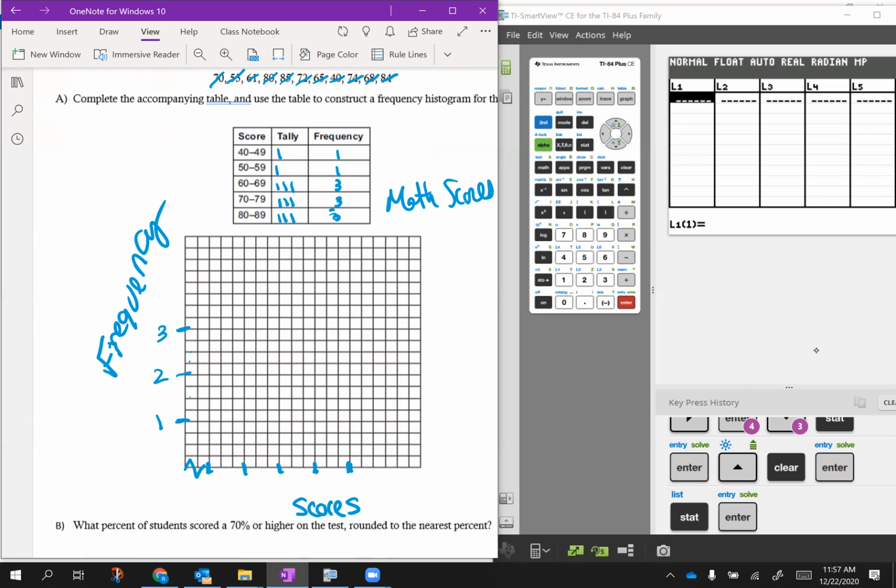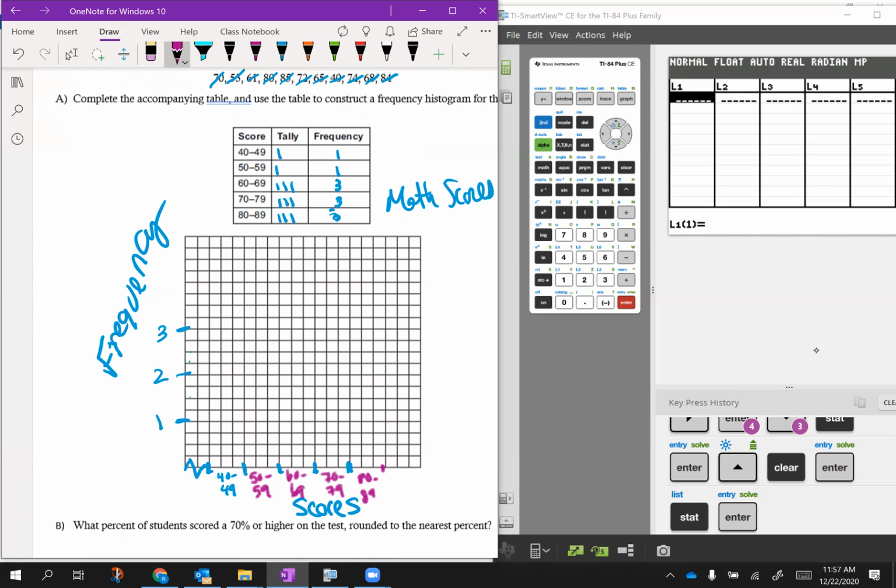So it's not starting at 0. So we put a break there. 40 to 49 is my first. Switch to a pencil. 50 to 59. 60 to 69. 70 to 79. 80 to 89.